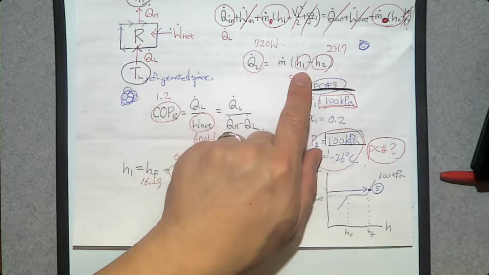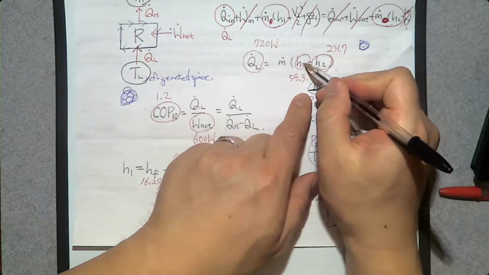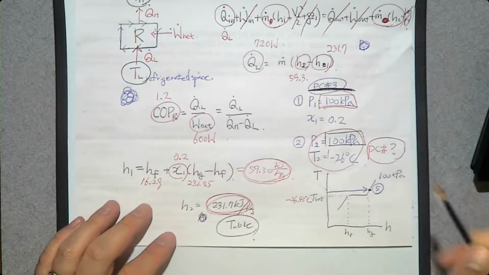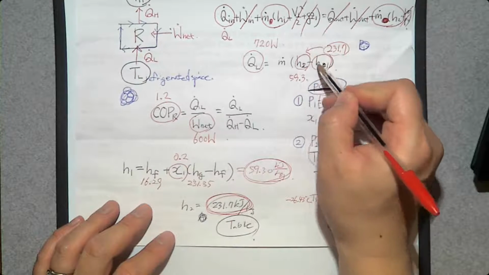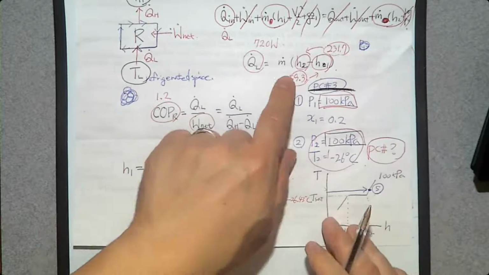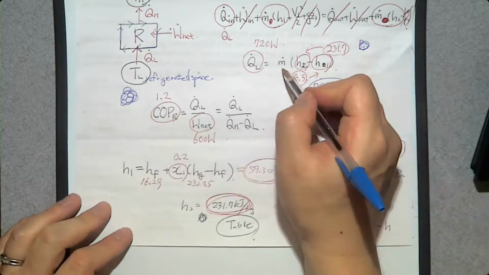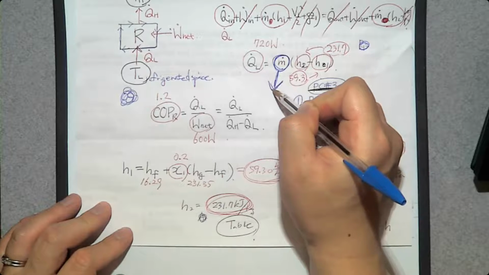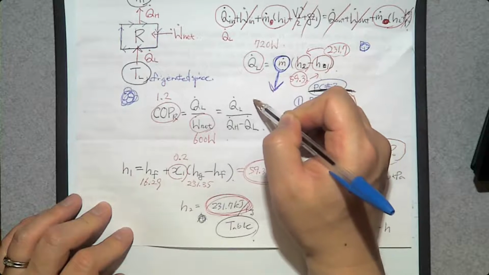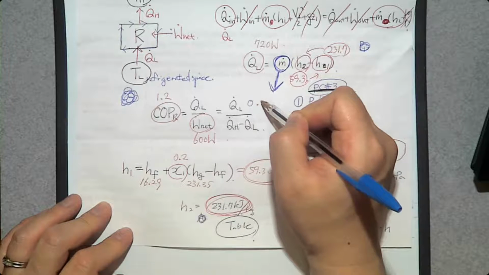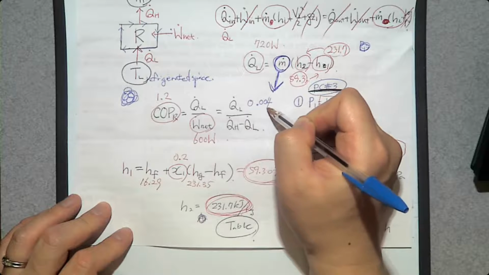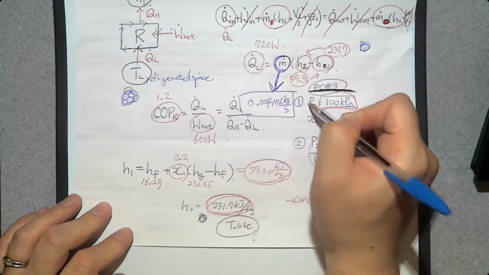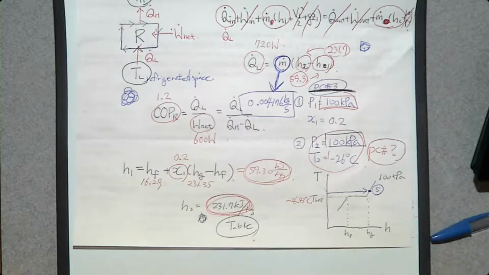Oh, I made a mistake. It is h2 minus h1. So the other way. This one goes here. This one goes here. Can you determine m dot? Yes, m dot is 0.004176 kilogram per second. So that is the mass flow rate of the refrigerant.